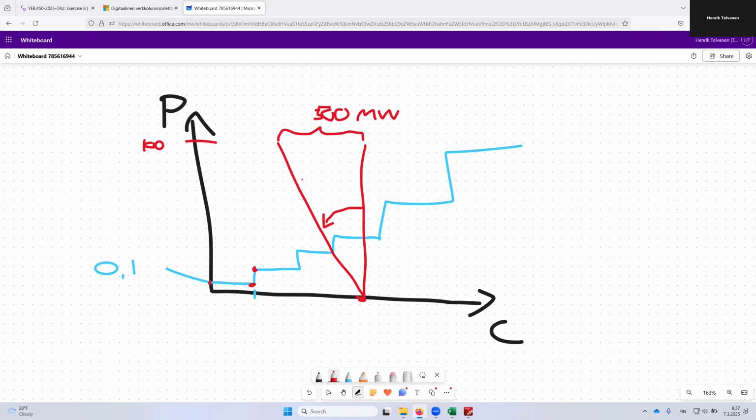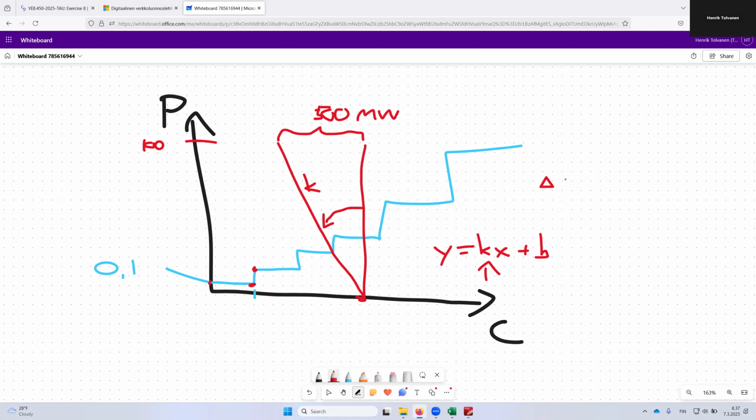So what we need is the slope of this curve. So we're going to say y equals slope times x plus b. We can determine this slope at first, because that's going to be delta y divided by delta x.